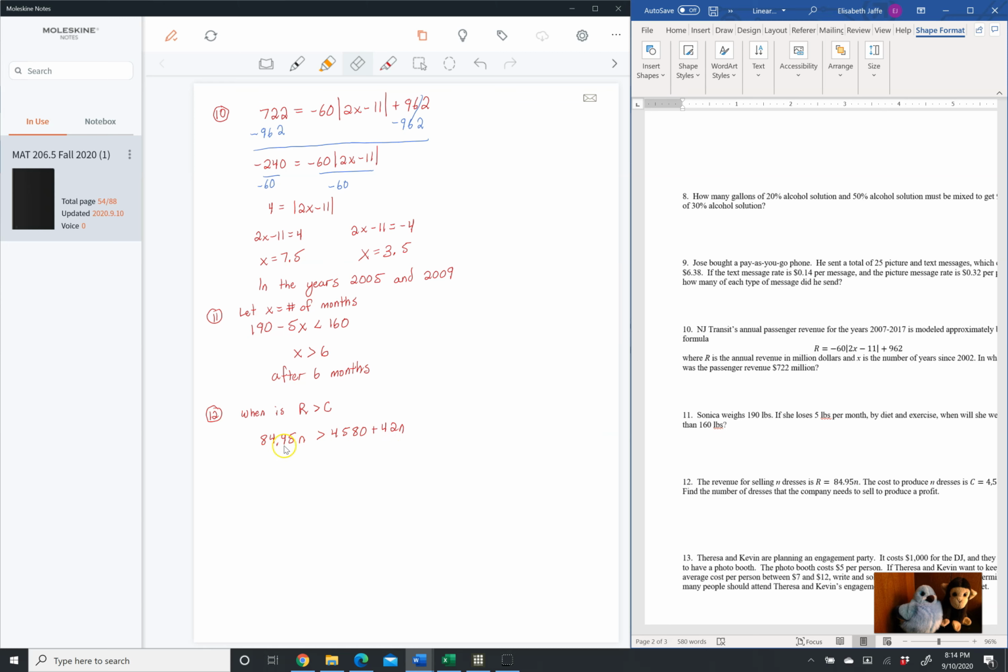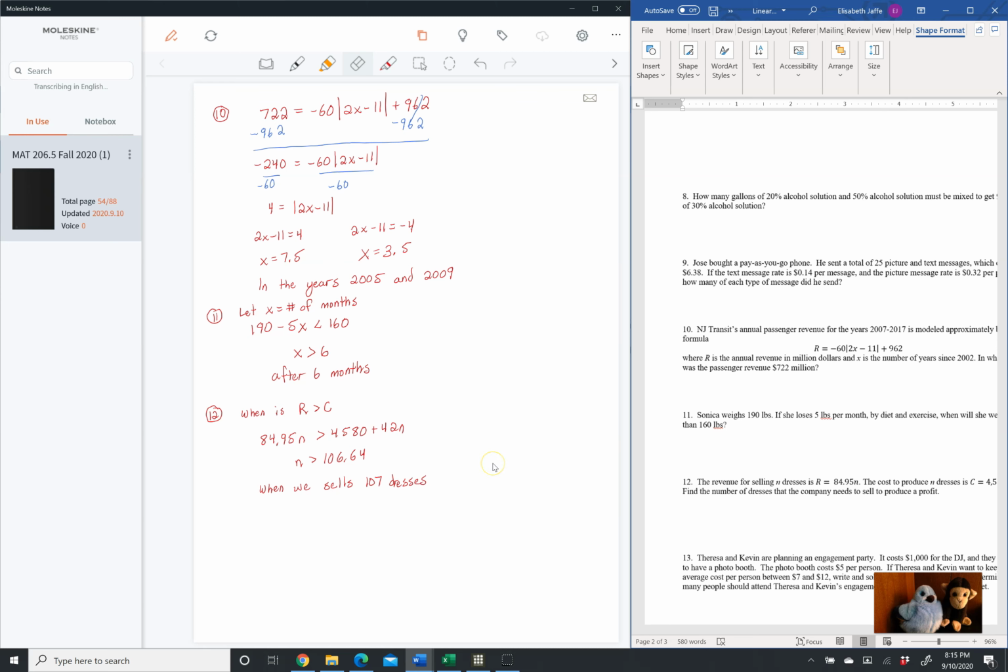So if we do that, we get N is greater than 106.64, but obviously we can't make 106.64 dresses. So the answer is when the company sells 107 dresses.